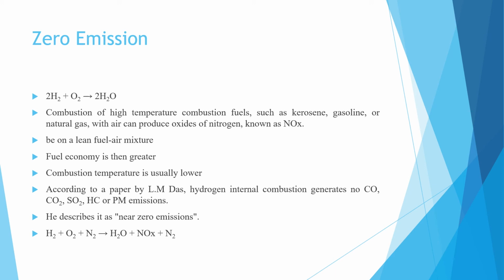So an advantage here is it can thus be run on a lean fuel air mixture. Such a mixture is one in which the amount of fuel is less than the theoretical, stoichiometric or chemically ideal amount needed for combustion with a given amount of air.